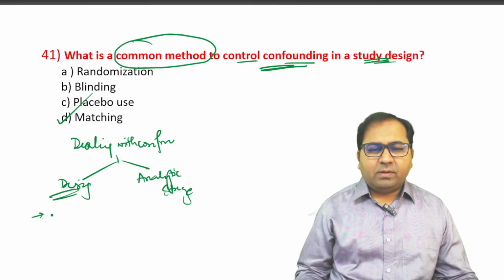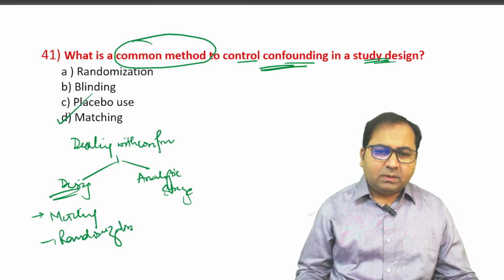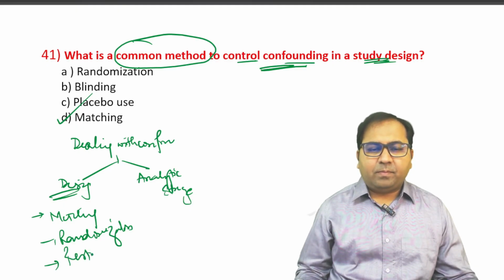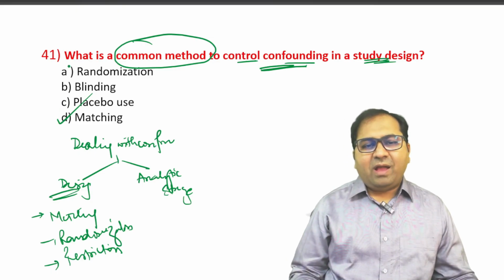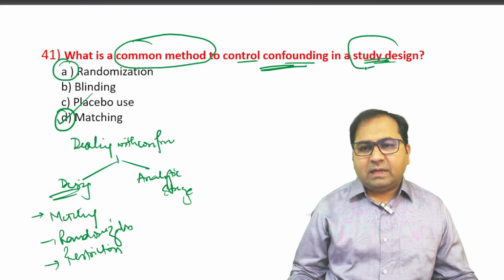One was matching, second is randomization, and third was restriction. So from the options given, we have both randomization and matching in the study design.